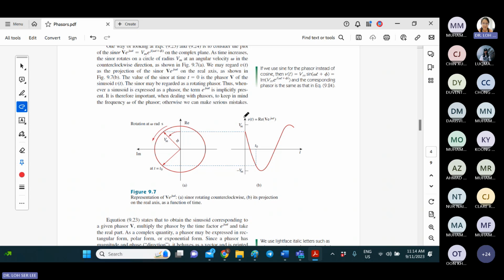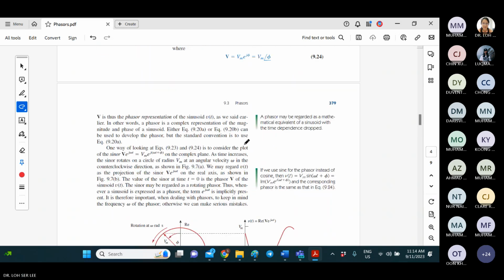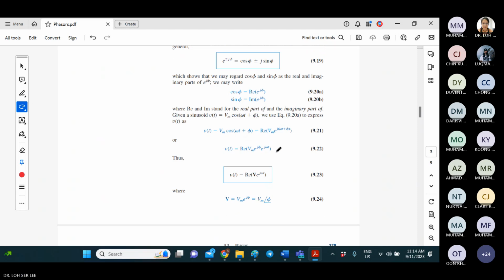I leave it to your lecturer next semester to explain what this is all about. What I want to deliver today is how you solve the mathematical problems. So this is the formula, and now we look at how to get the formula.